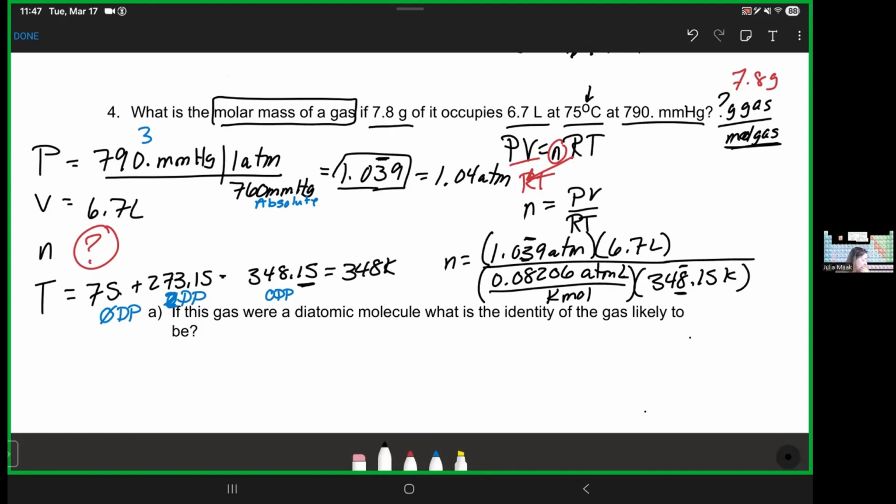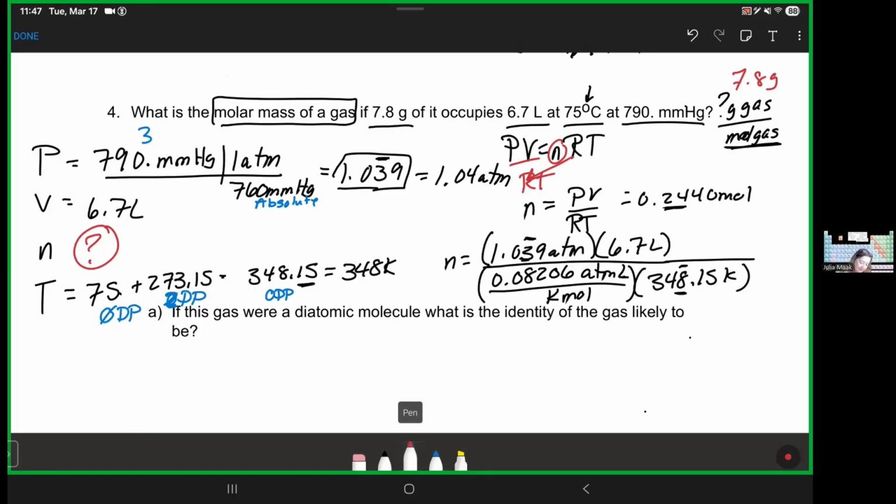Okay, and so I did not leave those in. I actually rounded before I did this calculation, so you might get a slightly different number than me. But when I do that, I get 0.2440 moles. And we're limited to 2 sig figs on that one, but I'll go ahead and keep them all.